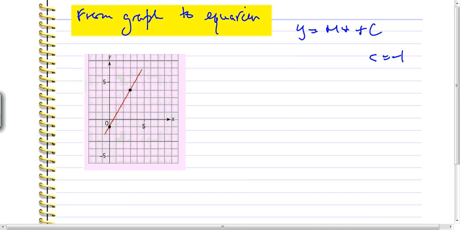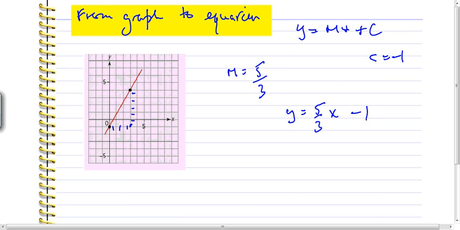That's where we're cutting the y-axis, and then the gradient we can just count the boxes. So we've got 3 along to this point, and then 5 up. So the gradient is 5 over 3.